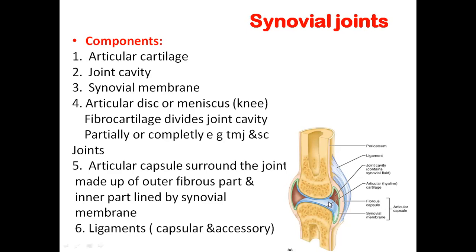These structures are avascular. They have no blood supply of their own, and they are non-nervous. Non-nervous means they are not sensitive to pain. They get their nourishment from the synovial fluid.